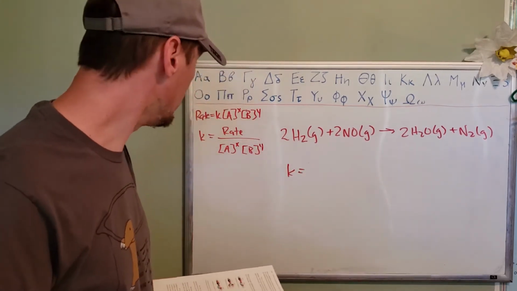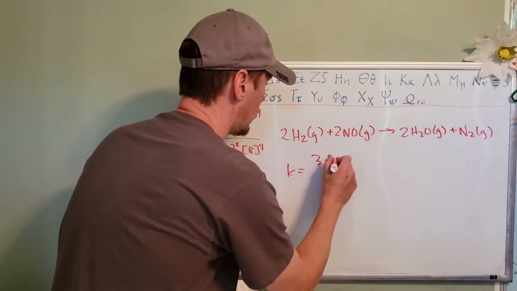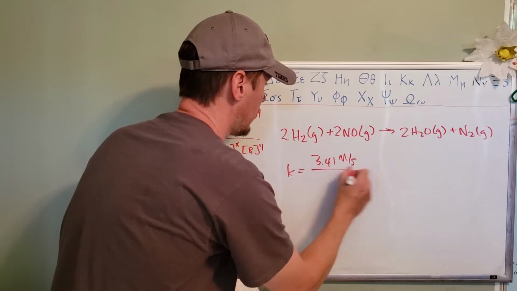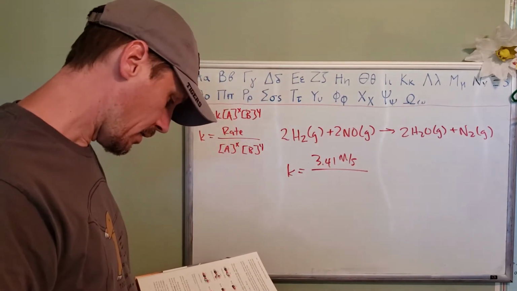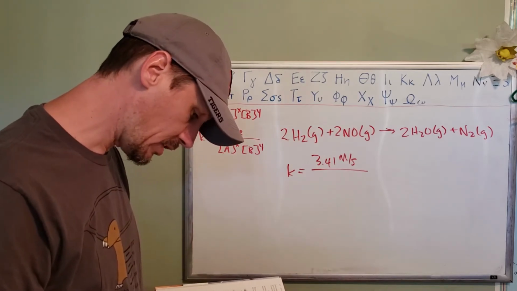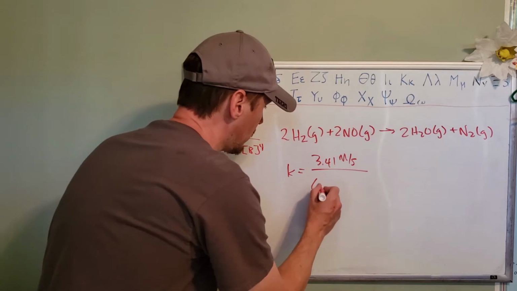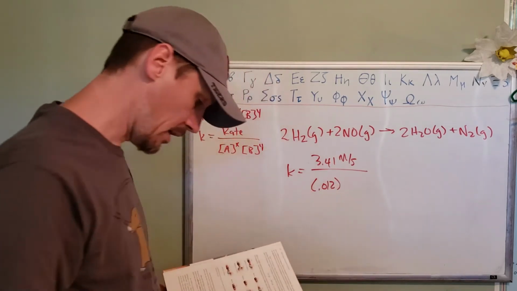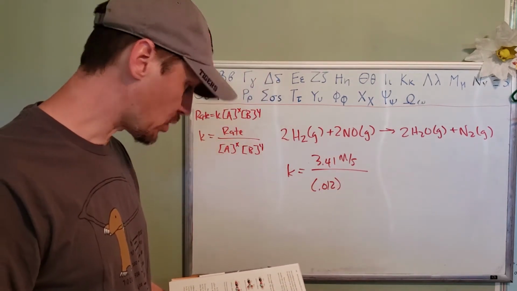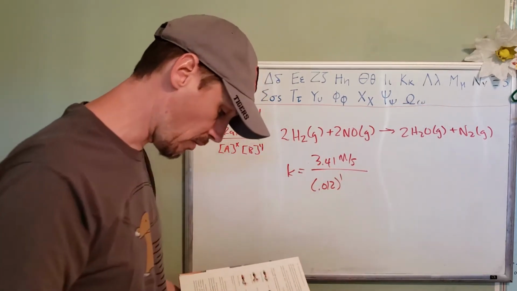K is equal to the rate, which is 3.41 molarity per second, divided by the concentration of chemical A, which in this case is H2, and they give us that concentration as 0.012. They tell us that this reaction is first order with respect to H2, so we're going to raise it to the first power.